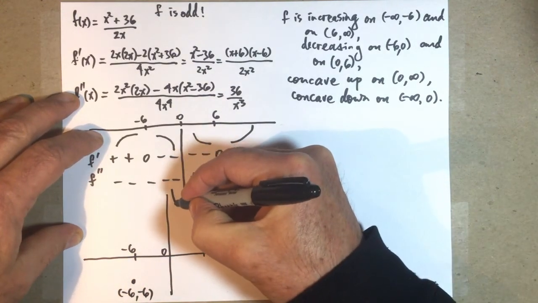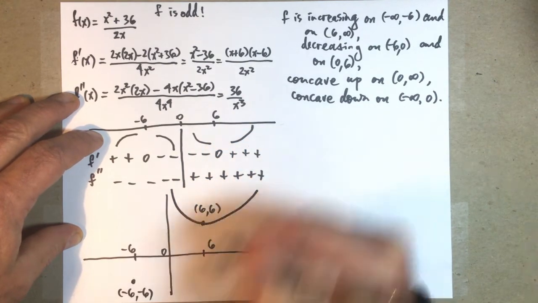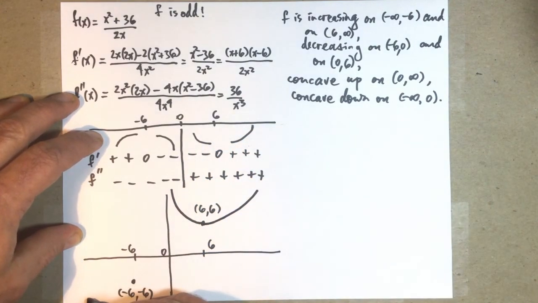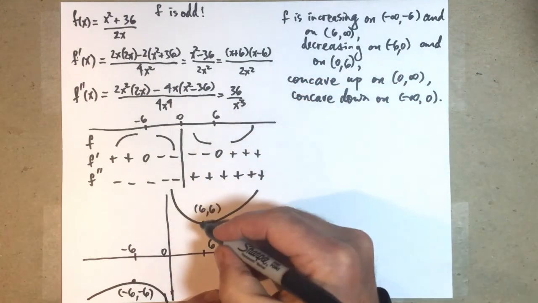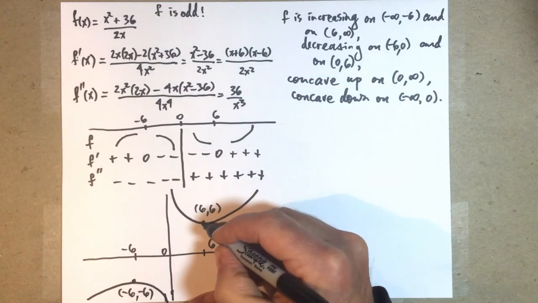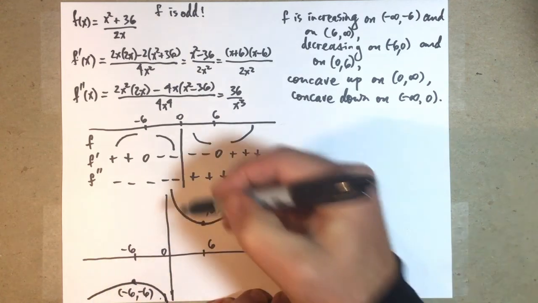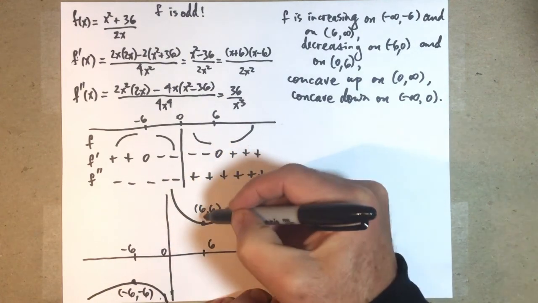On this interval it's decreasing, increasing, concave up, increasing concave down, decreasing concave down. Notice here that 6, 6 is the, as in unique, local minimum. Minus 6 is the unique local maximum. So here it increases, then decreases, so that's a local maximum. Decreases and increases, so that's a local minimum.